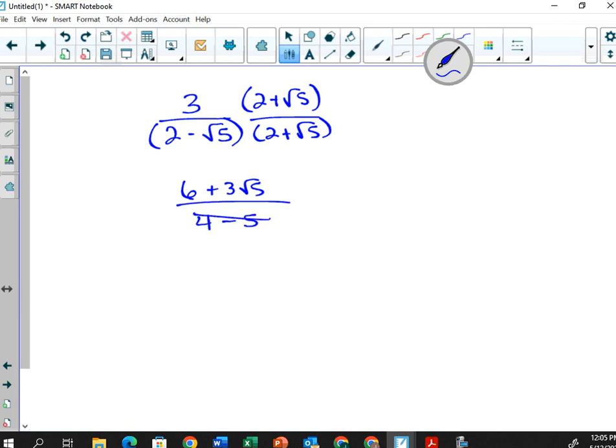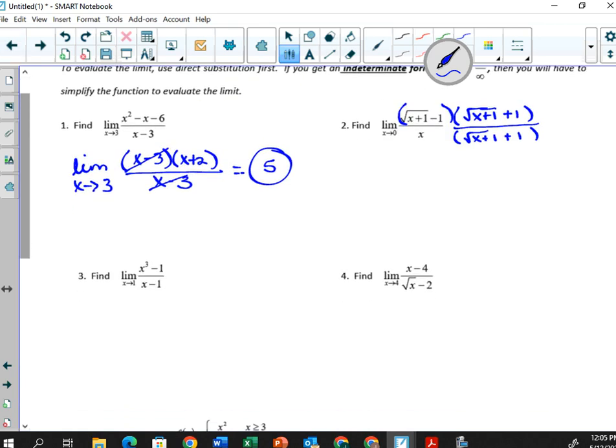Okay, well, the conjugate is when the sign changes in between the square root and the constant, okay? So it doesn't change within your square root between the two terms.